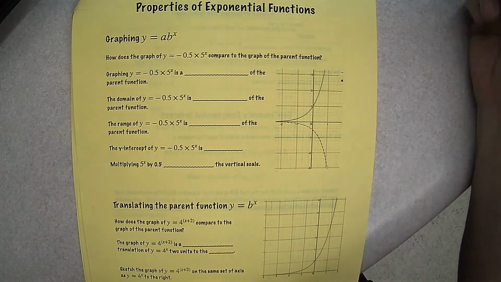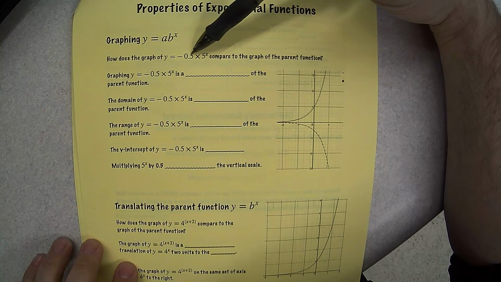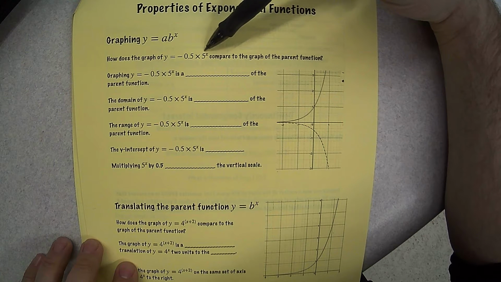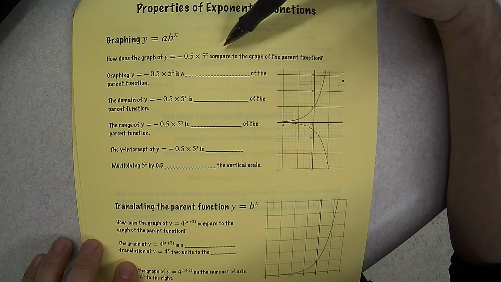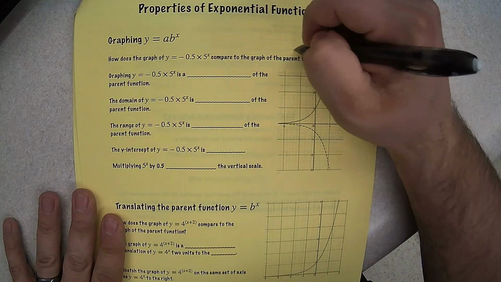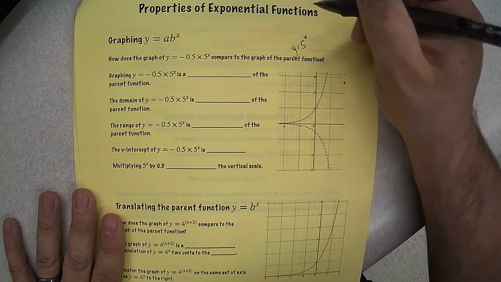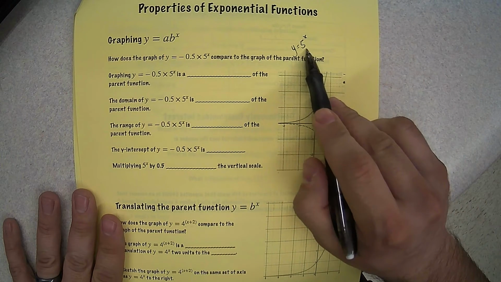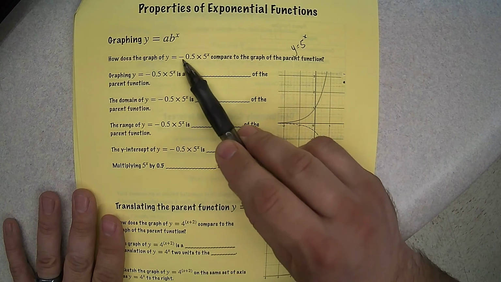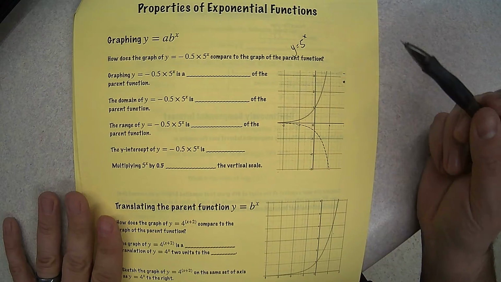It says, how does the graph of y equals negative 0.5 times 5 to the x compare to the graph of the parent function? Now our parent function would be something like y equals 5 to the x. That's what we originally start with, and now we're going to change things by multiplying it by negative 0.5.